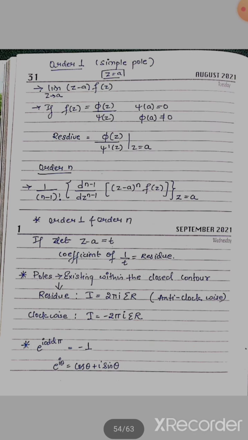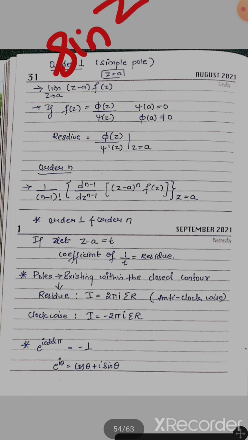Next, there are a few tricks that you should be aware of. For an order n pole, you are solving and you will get some values. For example, if it is something like sine z by z, this sine z is a removable singularity.